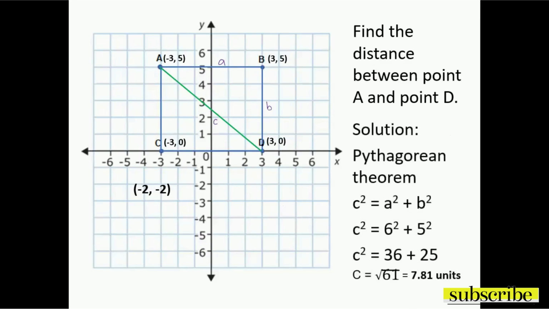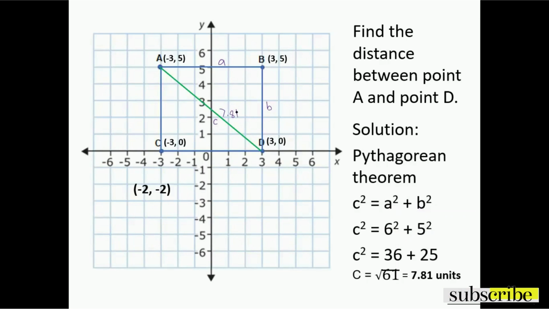Yes, we can apply the Pythagorean theorem. So c squared is equal to a squared plus b squared. By substitution, we have 6 squared plus 5 squared, which is 36 plus 25. So the distance between point A and point D is 7.81.